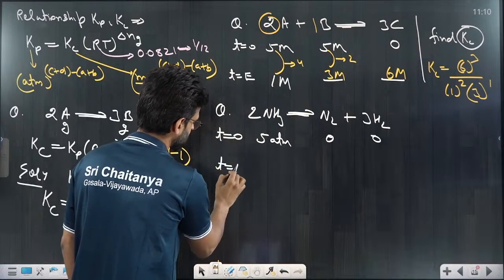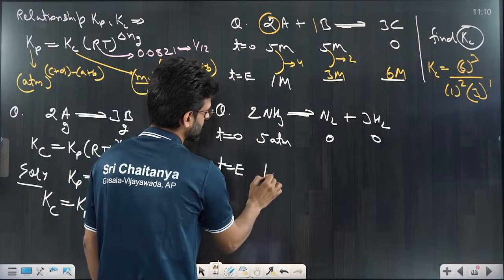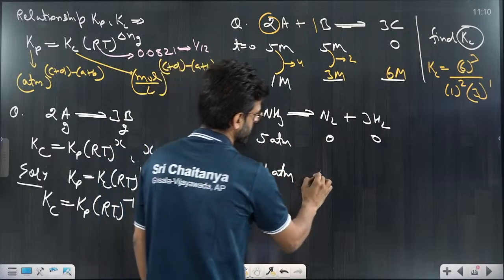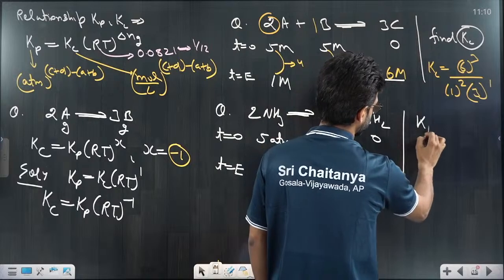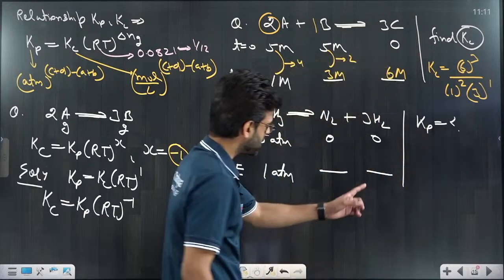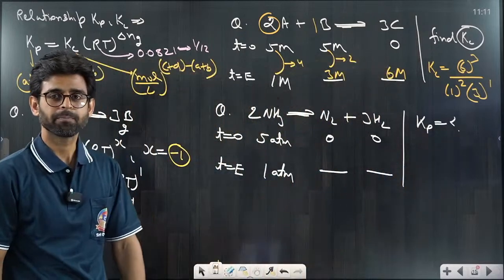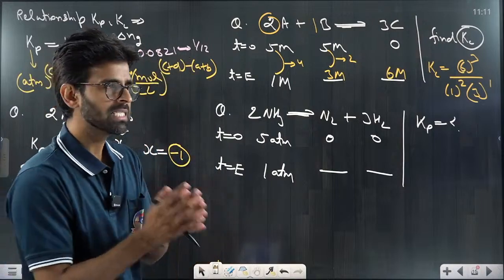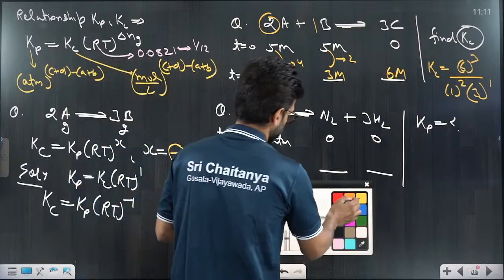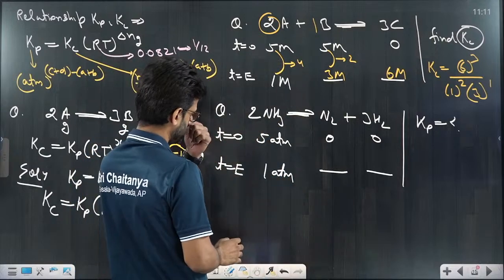At the time of equilibrium they are saying it is 1 atm pressure remaining. So by the stoichiometry find the final pressure of these things and find the Kp. Just like the concentration questions, exactly the same way you can go for the questions of pressure.